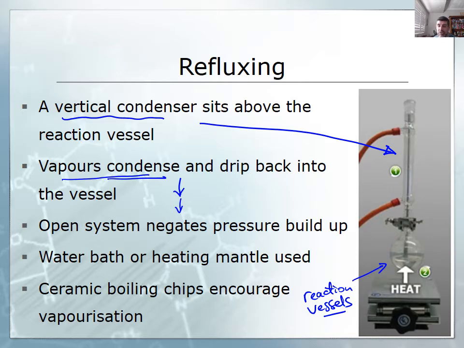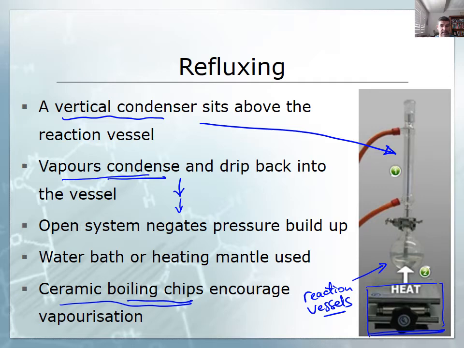You can notice too that the way this diagram's been set up, the heat source is coming not from a naked flame, but from a heating device that allows the heat to be regulated without the need for a naked flame. Boiling chips are often used as well, which encourage the mixing so that the two reactants will mix, and also create a larger surface area.